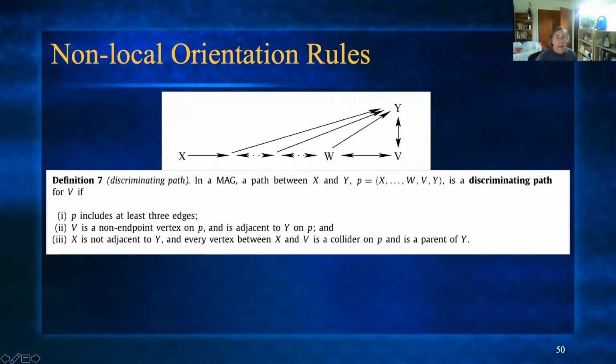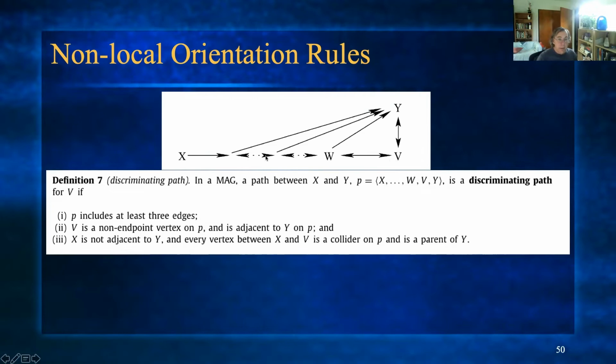And you'll note that in order to determine this, I have to look at X and Y, even though X is not connected to Y directly by an edge and can be arbitrarily far away along some path.